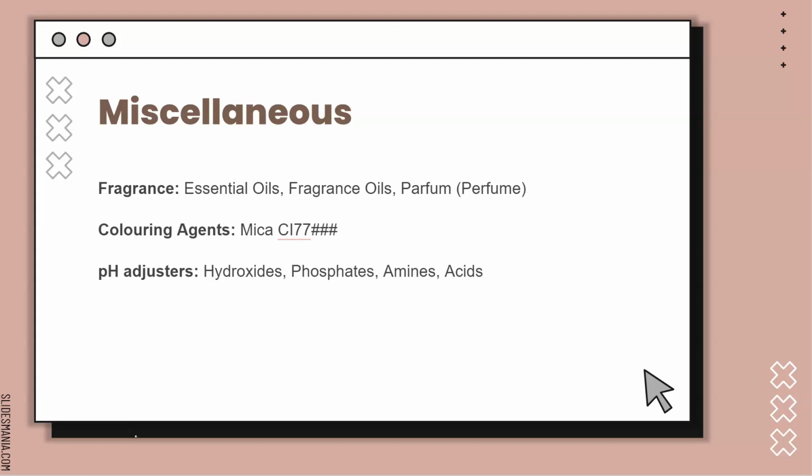The last one is pH adjusters. So, adjusting the formulation is important because we need to know what pH our product is, not just for the stability of the product itself, but also for the safety of our skin. We can't put anything that's too acidic or too basic on our skin, or else we risk damage.